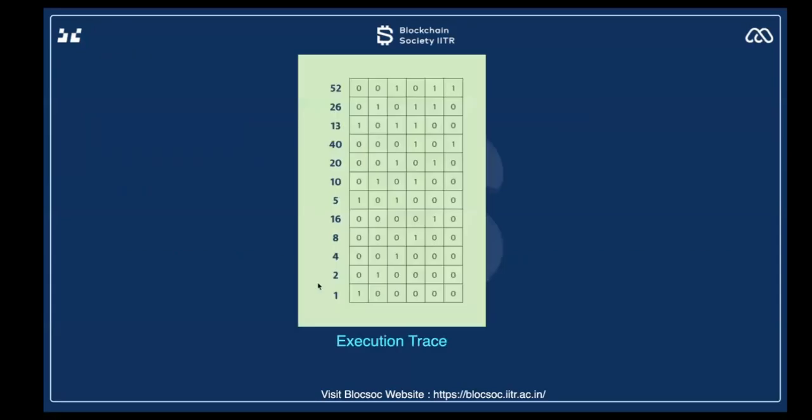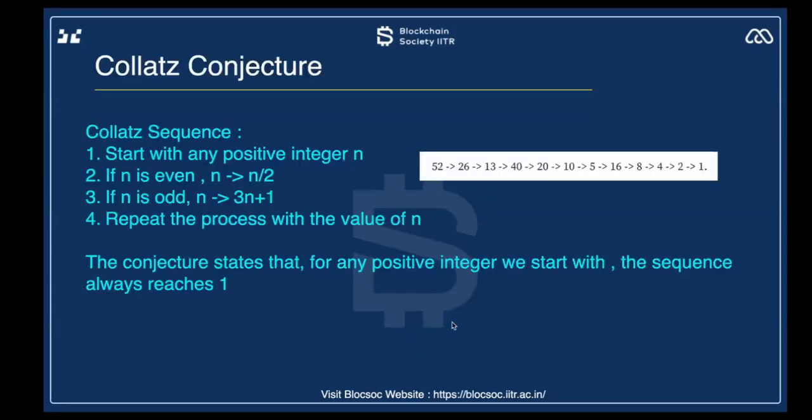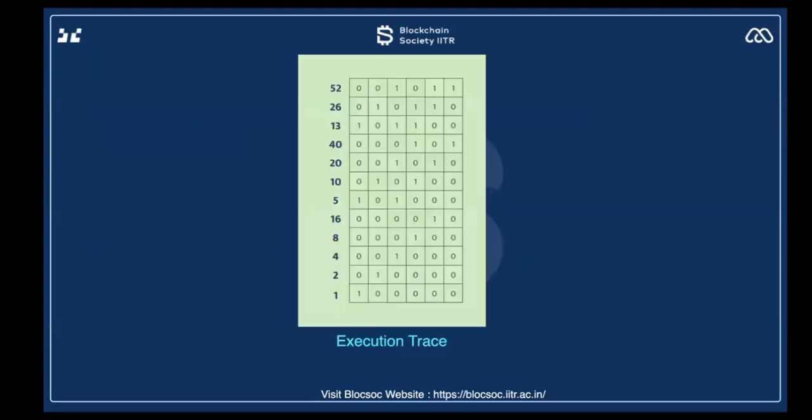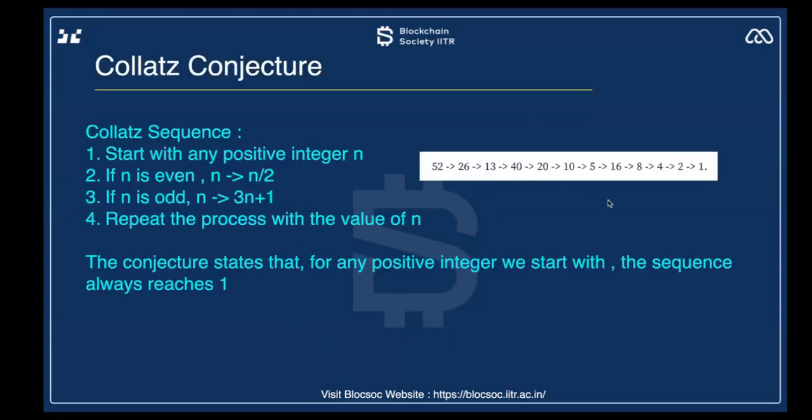So first is the execution trace. Let's define what an execution trace is first. The execution trace is a table which represents every step of my computation. So in this example, what is my computation? I have calculated all the values of this series till I reach 1.